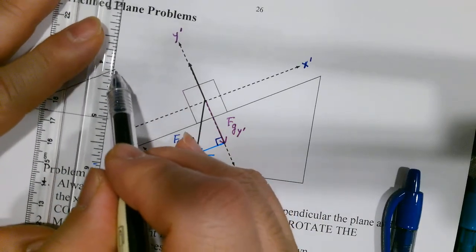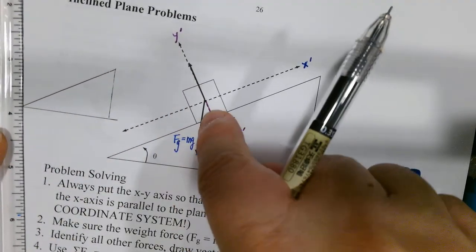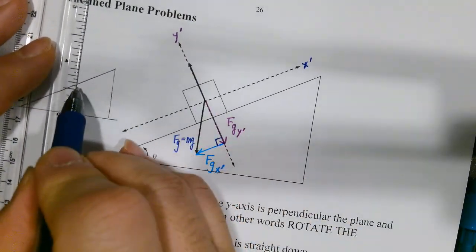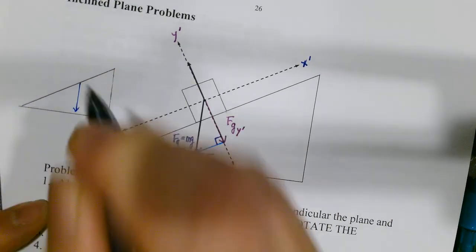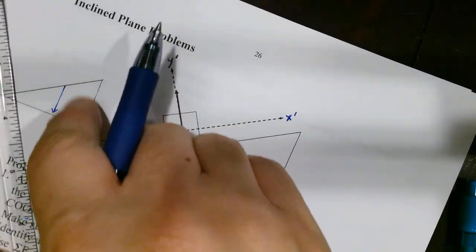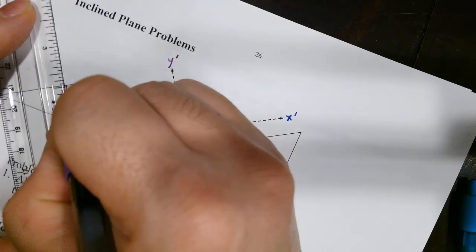And if I were to bring this FG straight down, right? And this right here is your FGY prime, right? Which is perpendicular.